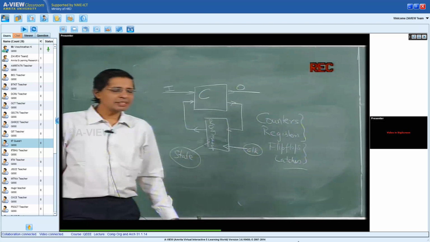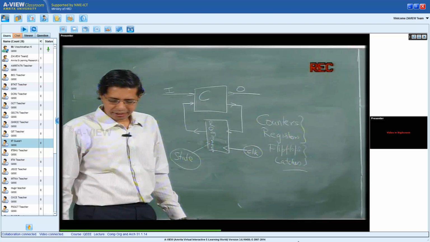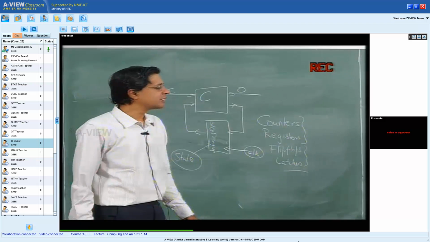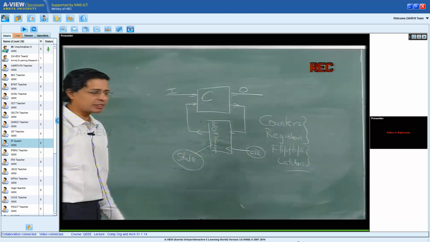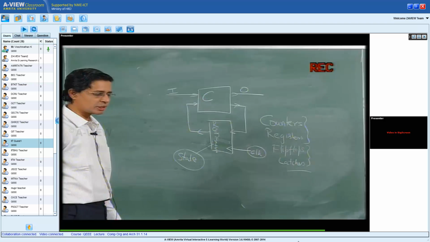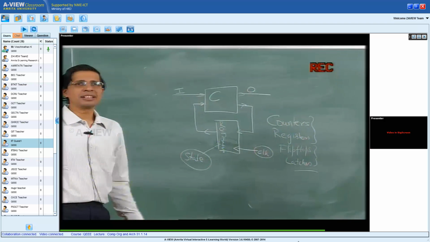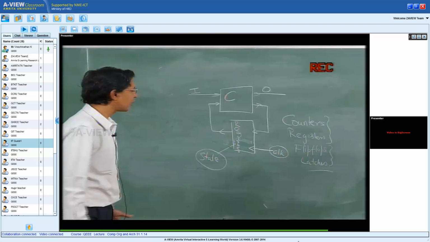Now let us go ahead and see how these combinational circuits and sequential circuits can be used to build certain components in the computer.